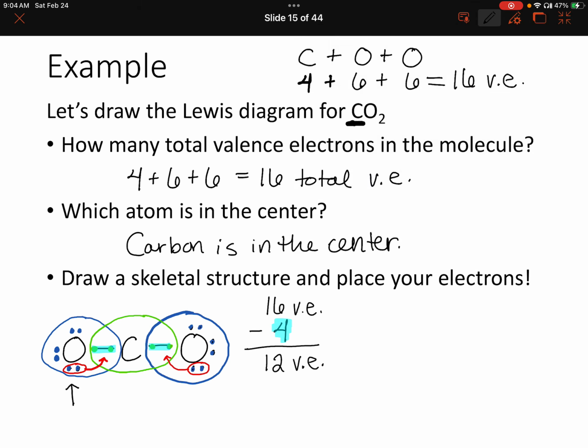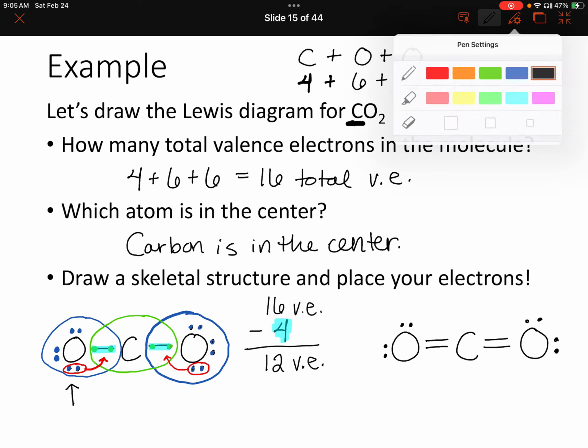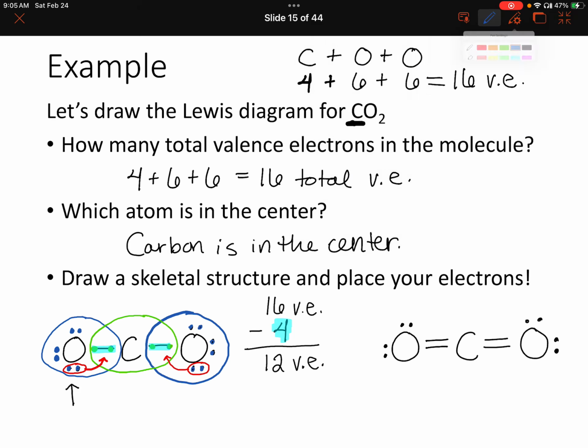Okay, so let's redraw this molecule. So we've got double bonds around carbon, and that'll still leave 2 pairs of electrons on each oxygen. Okay, so let's double check. Let's make sure everyone's happy. So let's check our oxygen on the left.